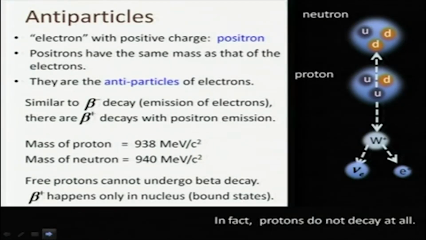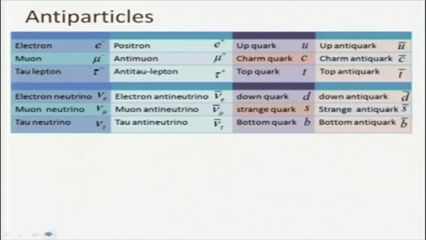It is not that protons decay through beta plus emission, but protons are very stable, and the whole construction of everything that is there in the universe owes somewhat to this stability of the proton. Again, think about what happens if the proton would not have been as stable as it is and could have decayed fast. Now that we said what is an antiparticle, we will not go into the details of this.